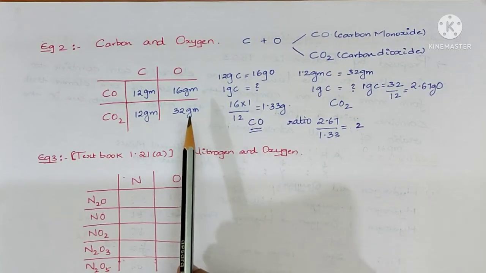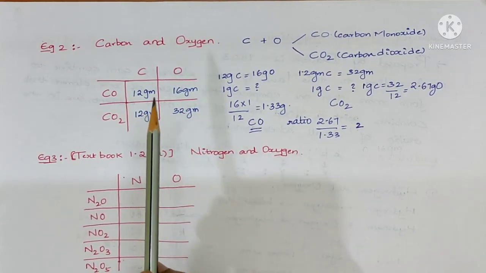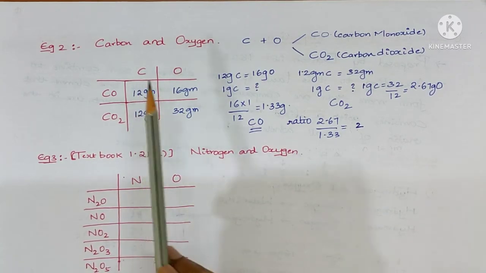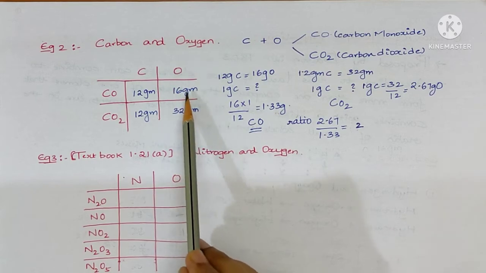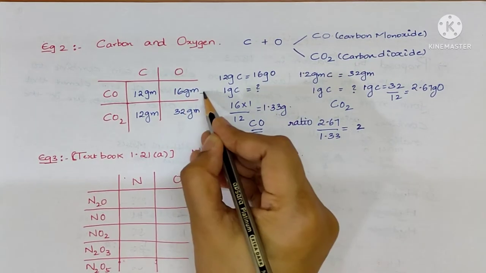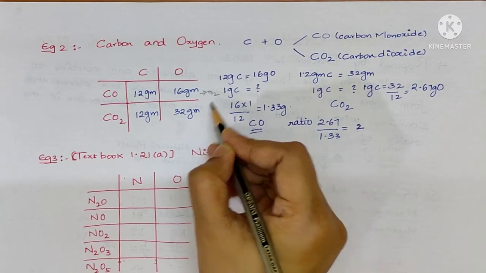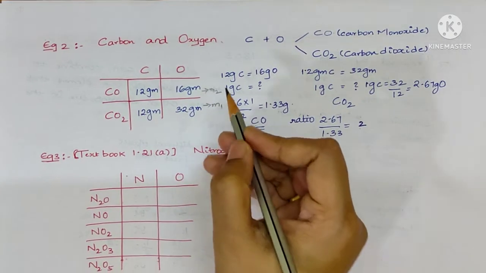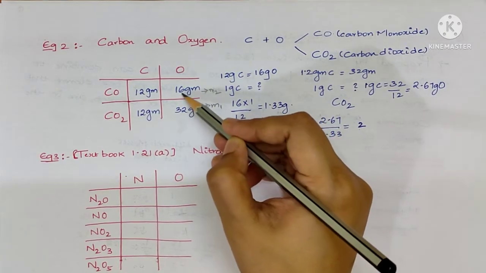Students, now what is the fixed mass? Which element has a fixed mass? Students, carbon. Which element has different masses? Oxygen. 16 and 32. Let me denote this as M1, M2, and this as M1. In both cases, the smallest number is 16.